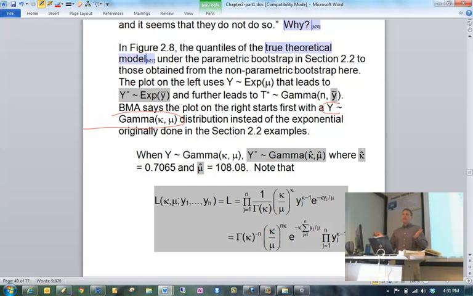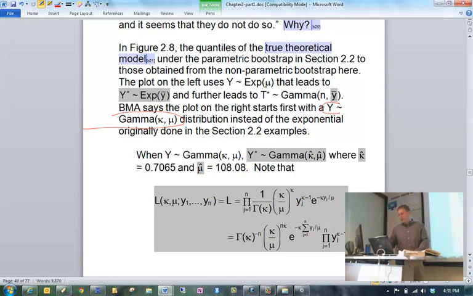Whenever you have an additional parameter, do you think your model is going to fit better or worse? It's going to fit better. Okay? Maybe not significantly better, depending upon the instance, but you would expect it to fit no worse. Let's see if maybe a gamma would have been better to use in this particular situation for a parametric bootstrap.